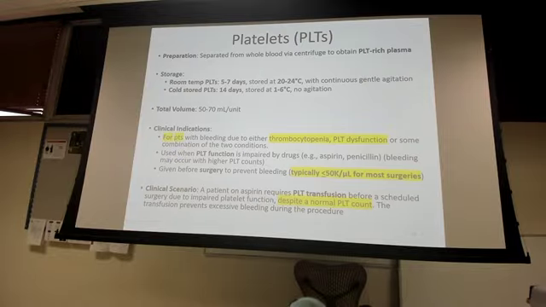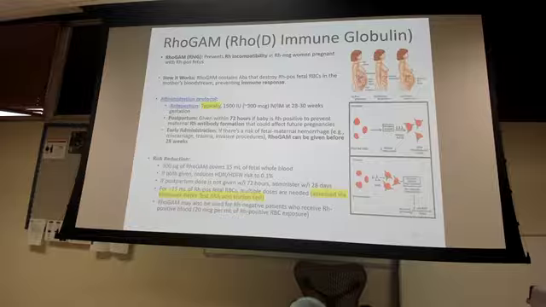Once she has the baby, she will get another shot within 72 hours after having the child, and that will keep her, if she has future pregnancies with another positive baby, from that Rh antibody formation that could affect future pregnancies. If there's a risk of fetal maternal hemorrhage, RhoGAM can be given before the 28th week. Okay.